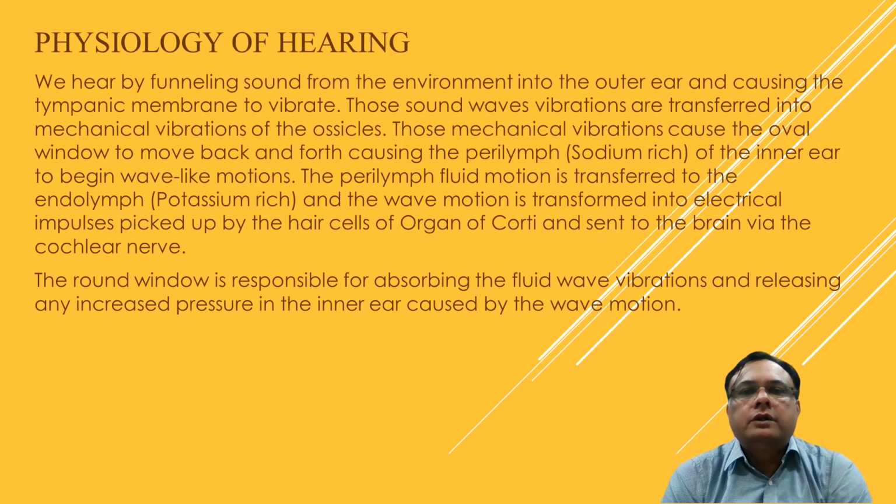The perilymph fluid motion is transferred to the endolymph, that is potassium rich, and the wave motion is transferred into electrical impulses picked up by the hair cells of the organ of Corti and sent to the brain via the cochlear nerve. The round window is responsible for absorbing the fluid wave vibrations and releasing any increased pressure in the inner ear caused by the wave.